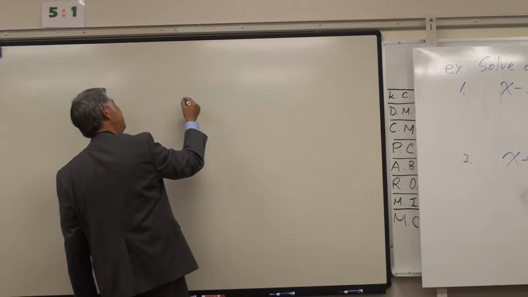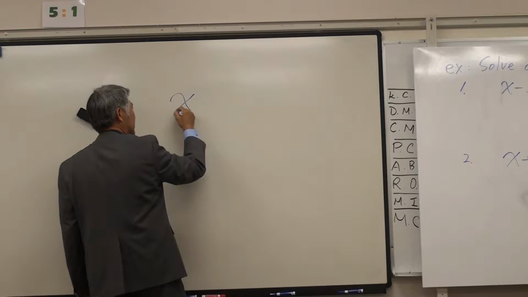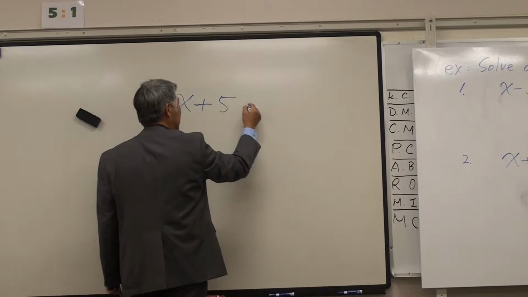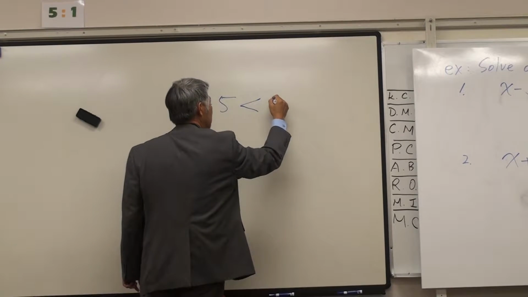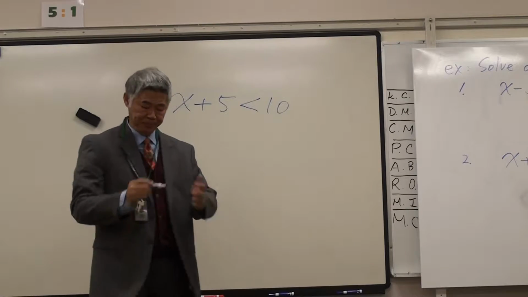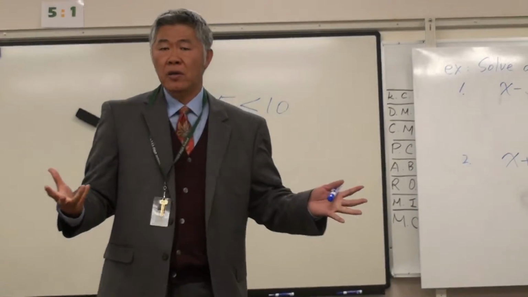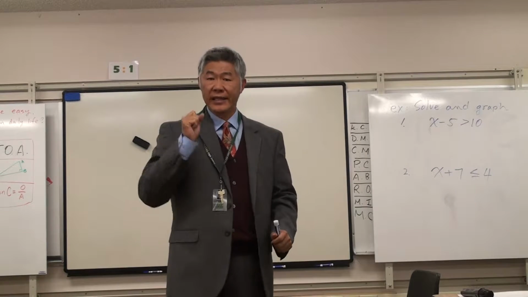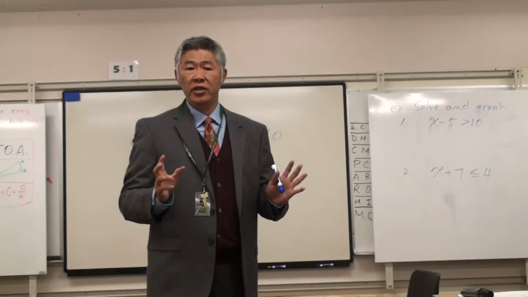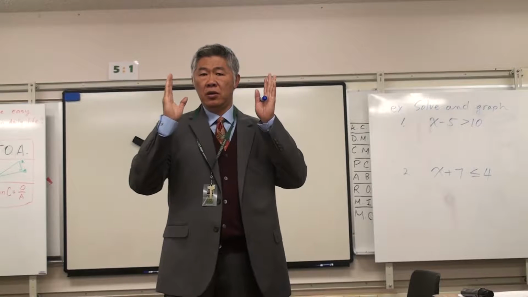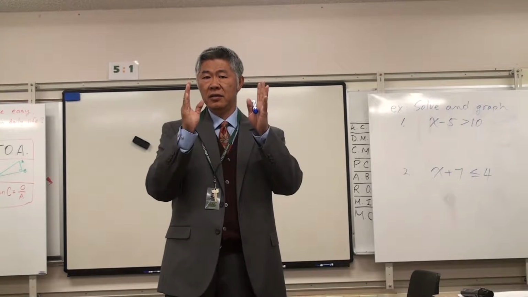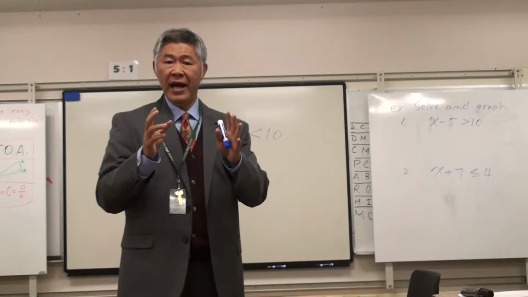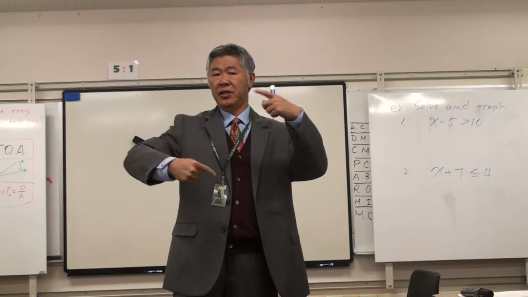Okay. So let's talk about solving an inequality. For example, if you have x plus 5 is less than 10, let's say. When you solve an inequality, it's just like solving an equation. Solving an equation, basically you isolate the variable by doing the opposite operation.